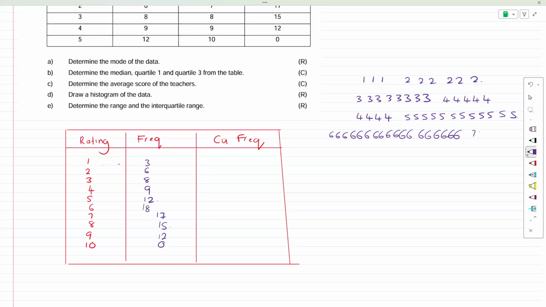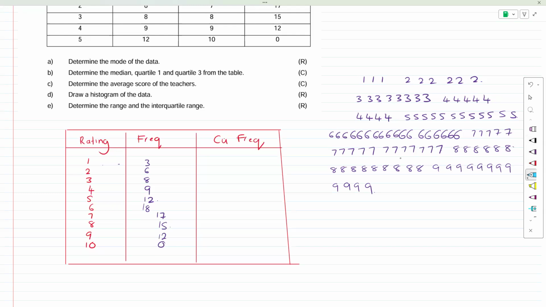There's 17 sevens. That was annoying to write. There's 15 eights, and 12 nines. Now, guys, you didn't have to do this. I just wanted to show you what cumulative frequency is and what frequency generally is. Is there any tens? No, there isn't.